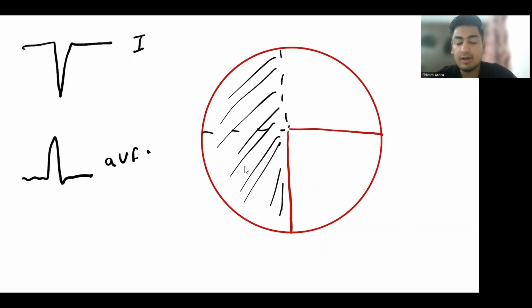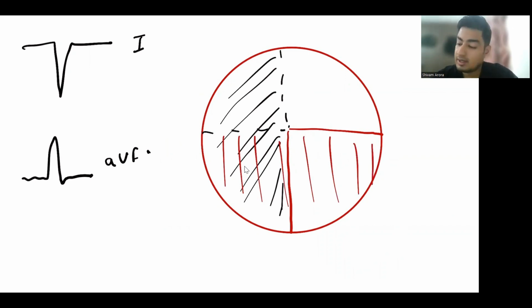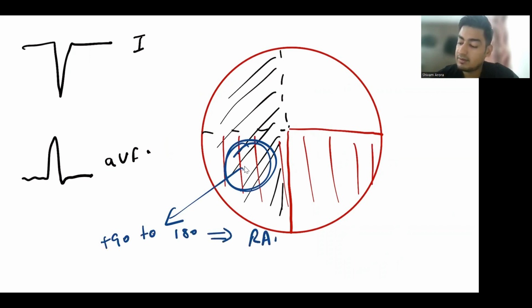And lead AVF has a positive QRS, so axis would be somewhere in this hemisphere. That's why the axis would be in this overlapped area, that is plus 90 to 180, which is right axis deviation.